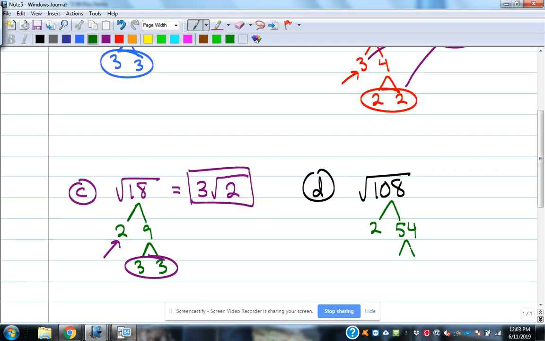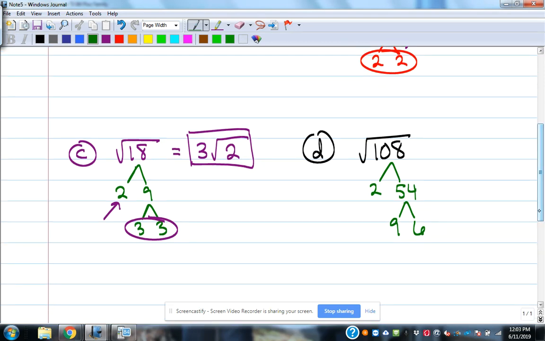And then I don't know much about 54, but I do remember that 9 times 6 is 54. I just happen to know that multiplication table. And 9 is 3 and 3. 6 is 3 and 2. All of those are prime now. The ends of the branches are prime. That's the only ones I'm looking at. So I have a pair of 3s right there. So that's a 3 on the outside.